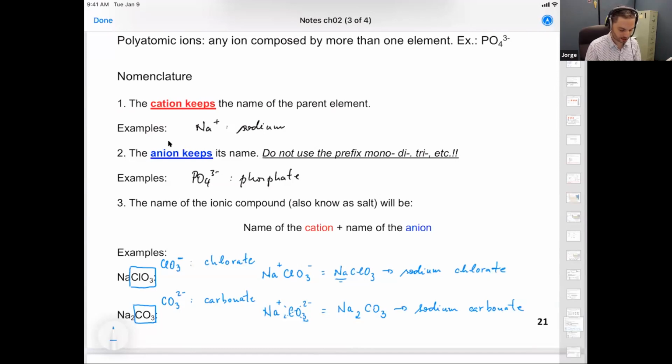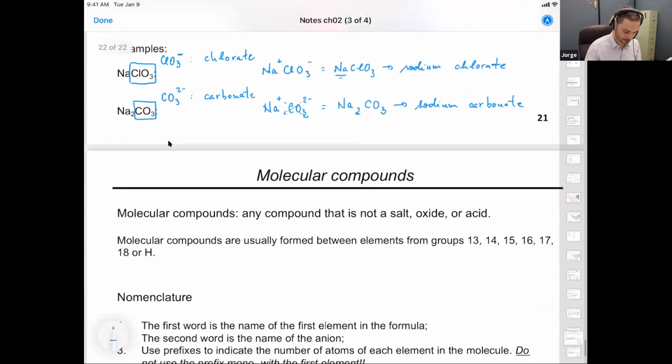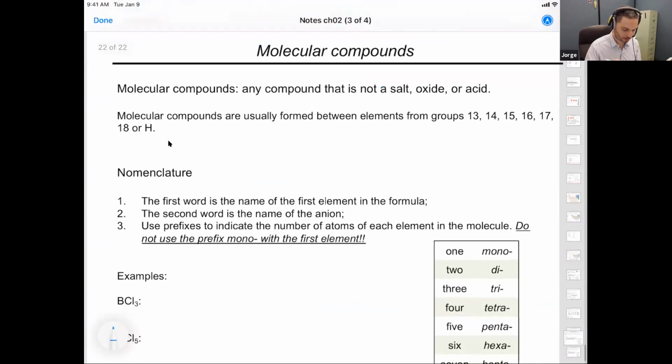And finally, the last class of covalent compounds that I'm going to show you are the molecular compounds. Those are the lower class in this family. Molecular compounds are any compound that's not a salt, oxide, acid, or a base.